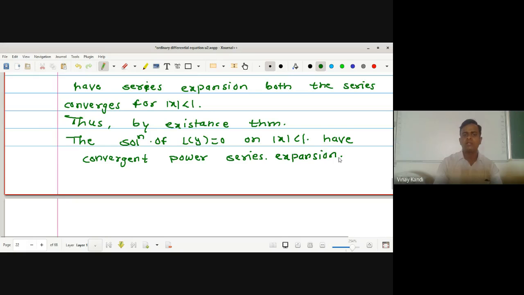If a1 and a2 are analytic functions, then the solution we can write in terms of power series. Okay, now let phi be the solution of L of y.